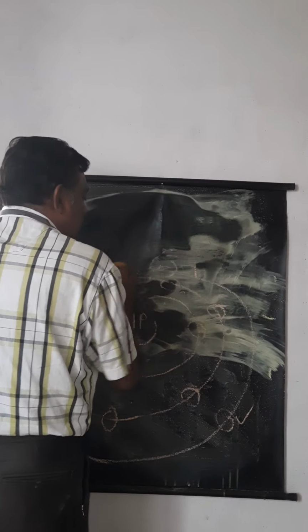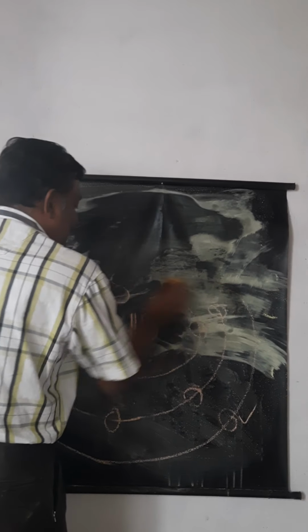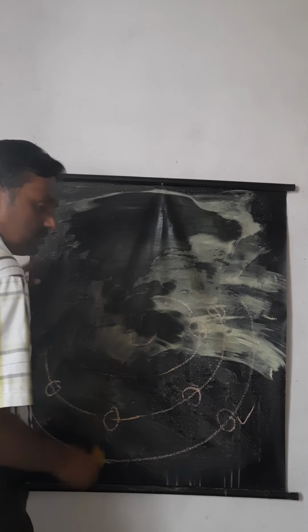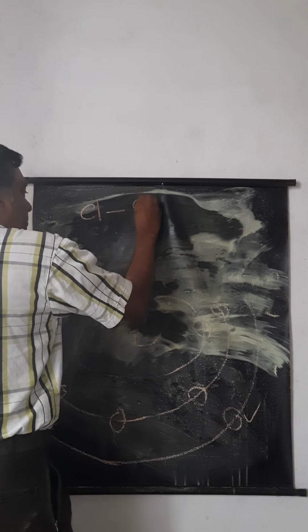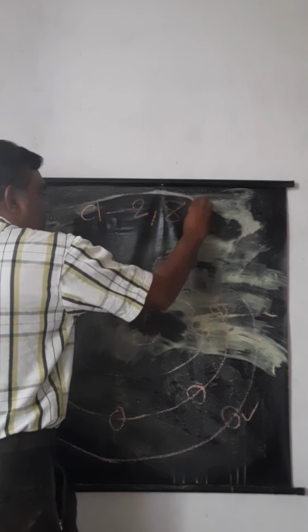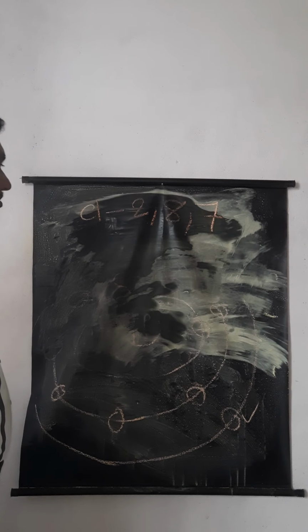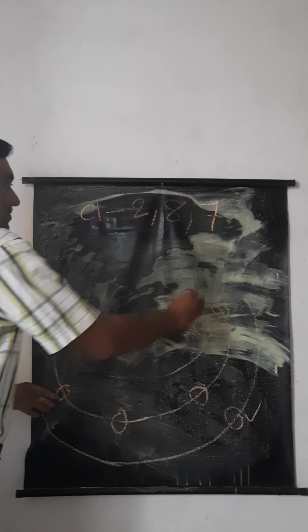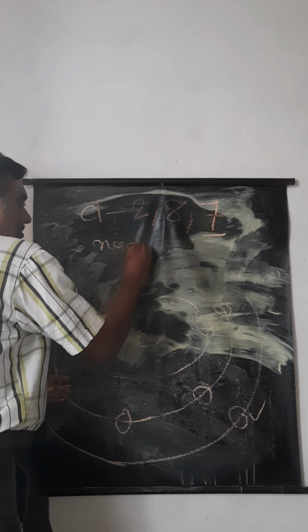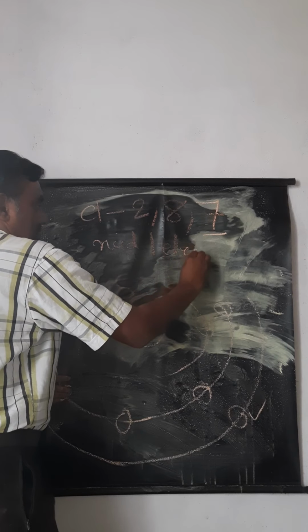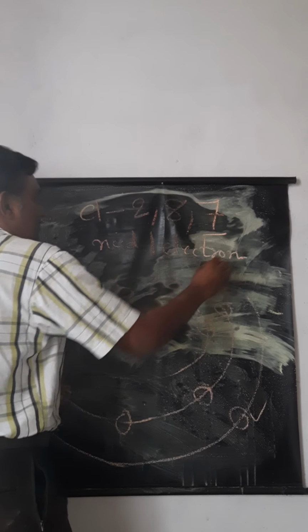When sodium comes in contact with chlorine, what happens? The electronic configuration of chlorine is 2, 8, 7. The outermost orbit of chlorine has 7 electrons, so it needs 1 electron, which it gets from the sodium atom.